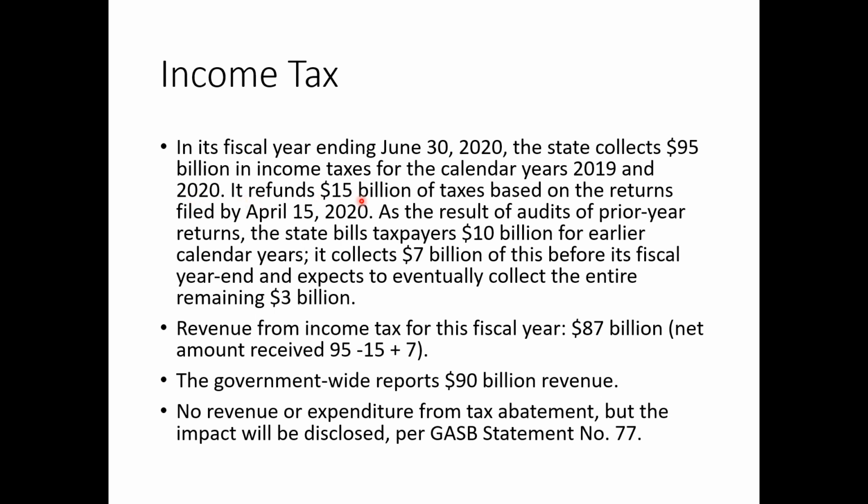It refunds 15 billion of taxes based on the return filed by April 15, 2020. As a result of audit and prior year returns, the state bills taxpayers 10 billion for early calendar years. It collects 7 billion of this before its fiscal year end and expects to eventually collect the entire remaining $3 billion.